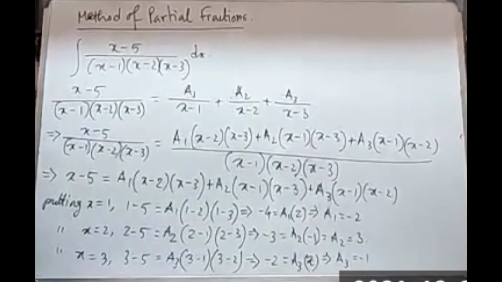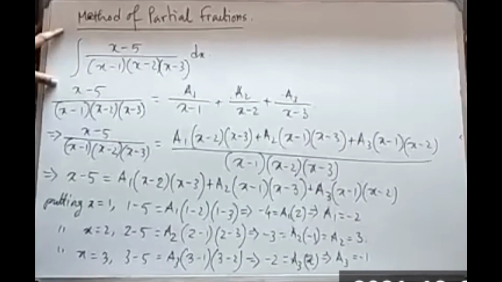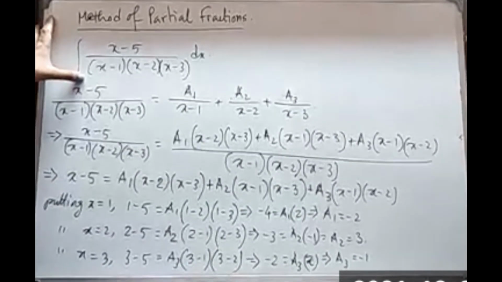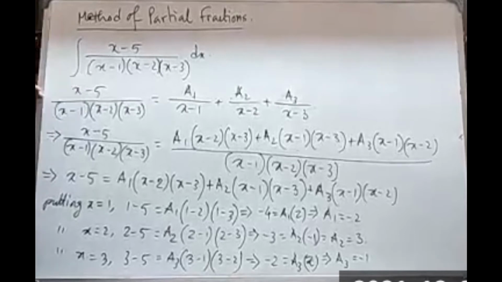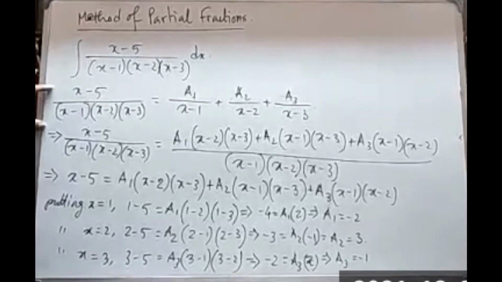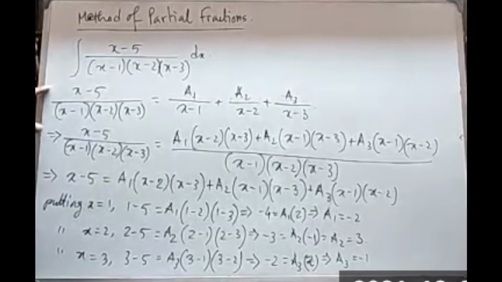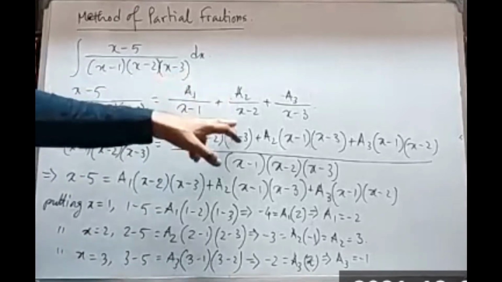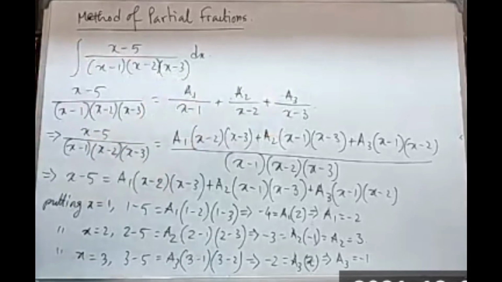So this is the integrand, and since all the factors are linear, distinct factors, we can apply this method. So the integrand is this, and we can write it as we have seen: a1 by the first factor plus a2 by the second factor plus a3 by the third factor.